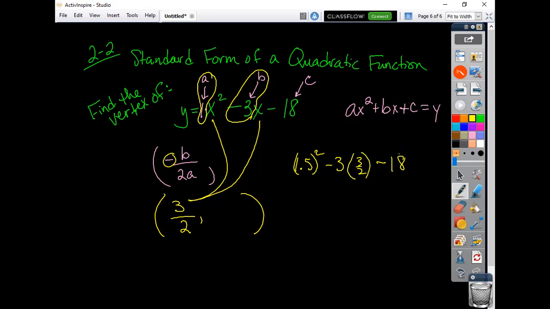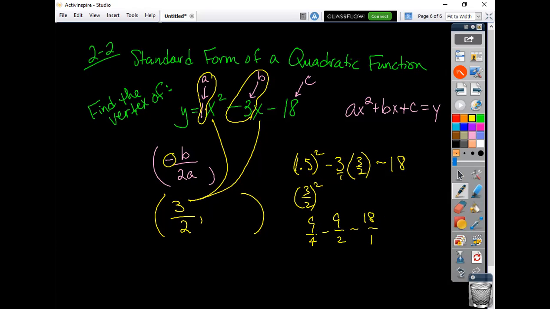So if we did this 3/2 squared, square the top, square the bottom, that'd be 9/4. And then minus this next one is 3 over 1, so that's 9/2. Multiply straight across, 3 times 3, 1 times 2. And minus your 18, or 18 over 1 if you want. So let's see.